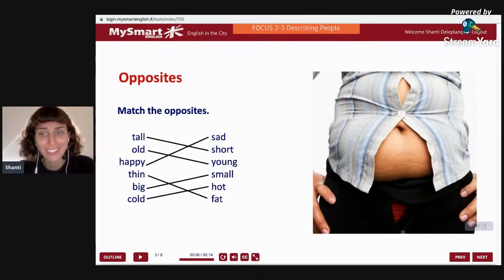What do you think? Is it a he or a she? Francesco says a man. Do you agree? Do you think it's a man? Teresa thinks it's a woman.